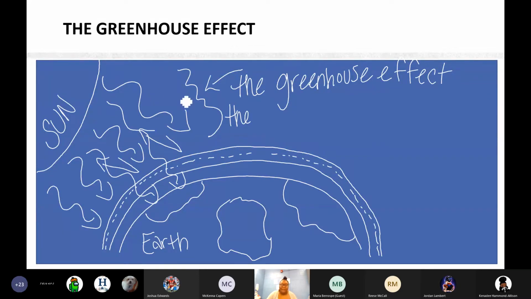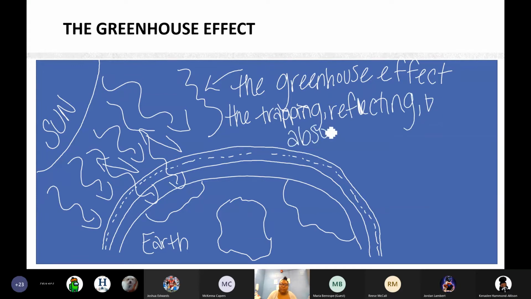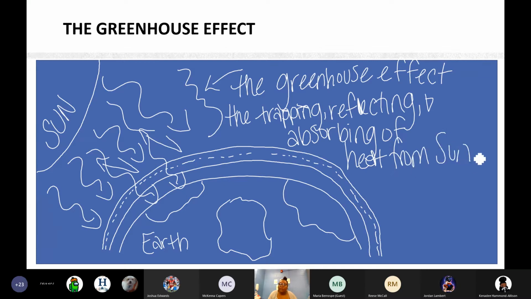So the greenhouse effect is the trapping, reflecting, and absorbing of heat from the sun to warm and protect our Earth.